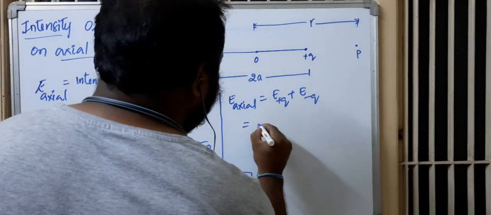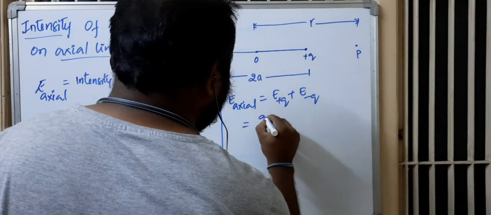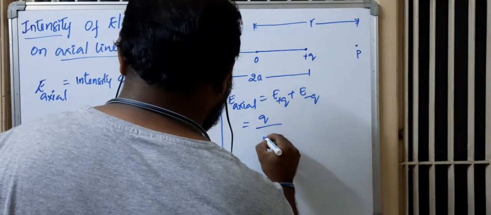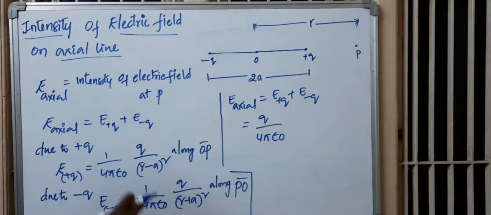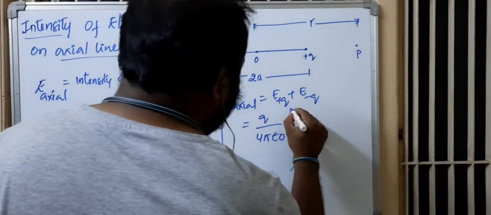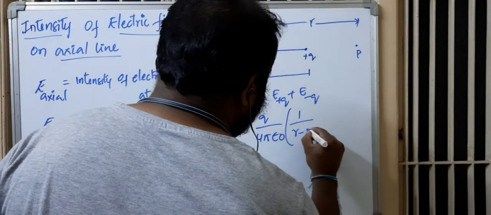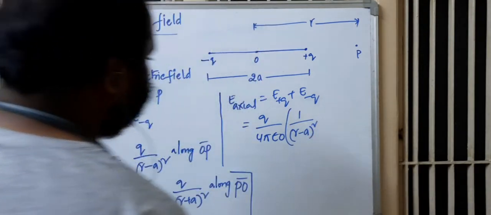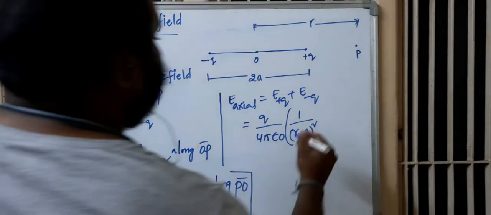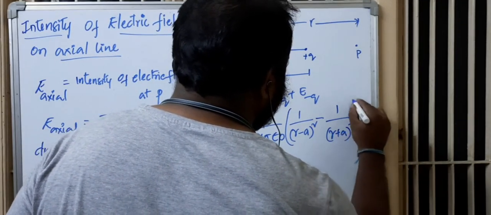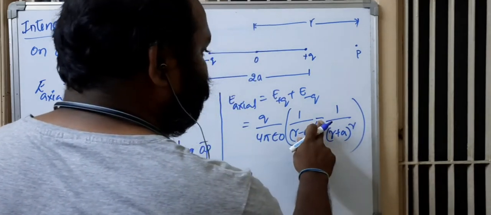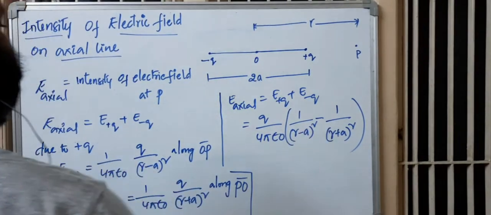If we take common, we will get Q by 4 pi epsilon naught, and the resultant will be 1 by (r minus a) whole square minus 1 by (r plus a) whole square. Remember this one, don't take it as positive because it is a minus charge.